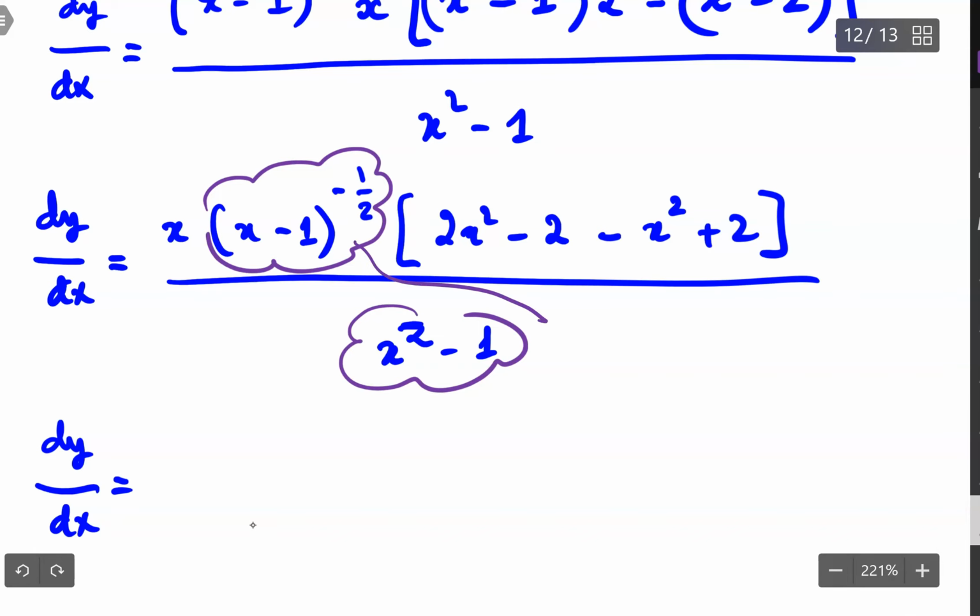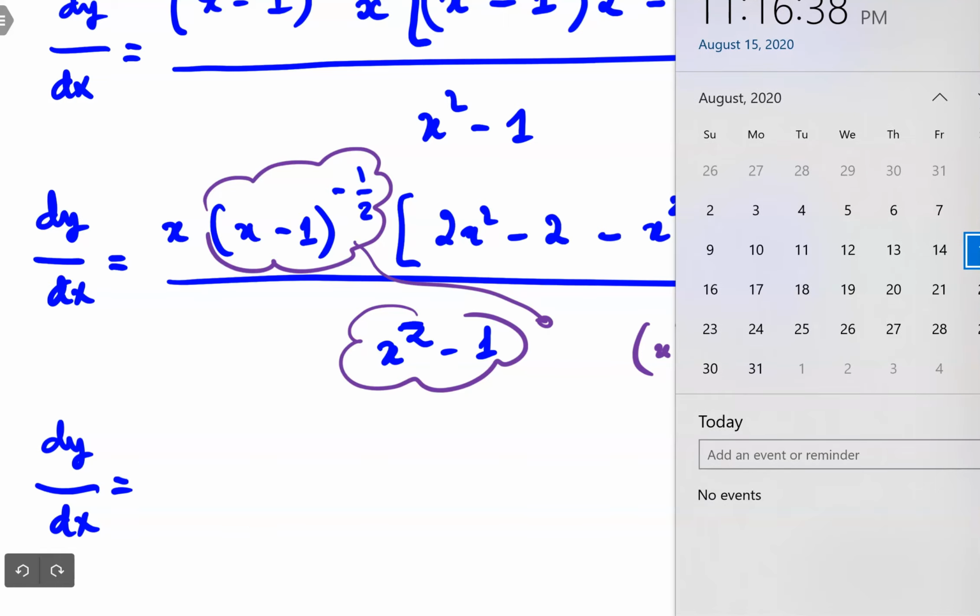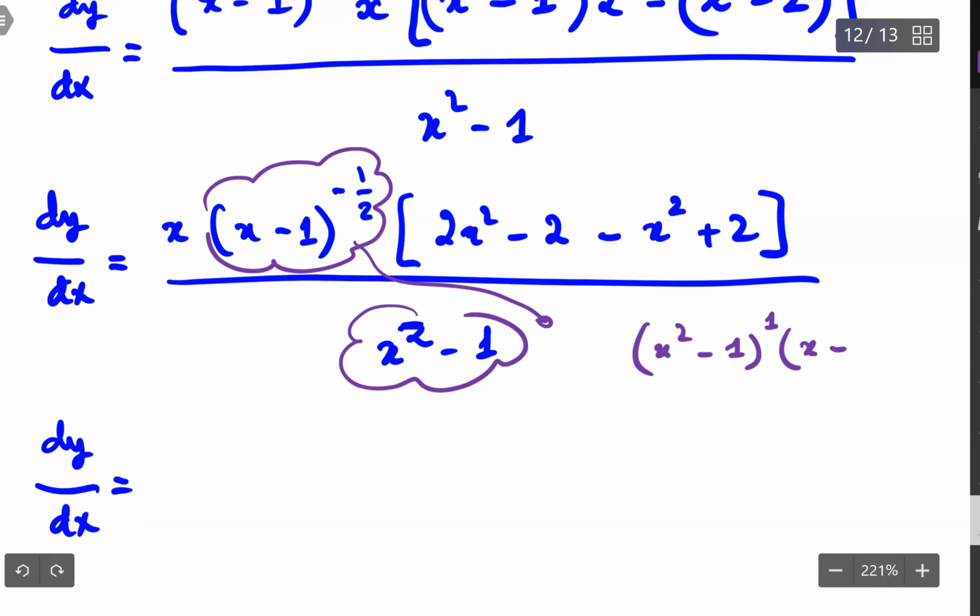You can bring this one down to the bottom here, and then make that into the positive half. So positive half plus the 1, because basically this is x squared minus 1 to the exponent 1, and you bring it down to the denominator. You should have it at (x squared minus 1) to the positive half, and 1 plus a half should give you 3 over 2.